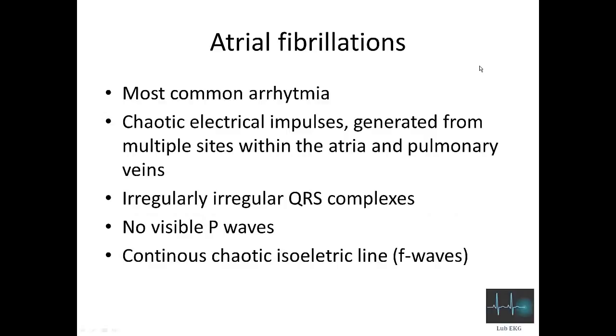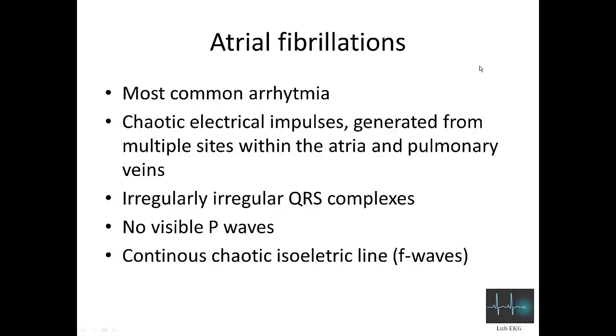When it comes to atrial fibrillation, which is much more common, in fact it's very, very common, you still have this chaos, but it's in the atrium. And as you know, the atria and the ventricles are separated, and the only way from the atria to the ventricles is via the AV node.